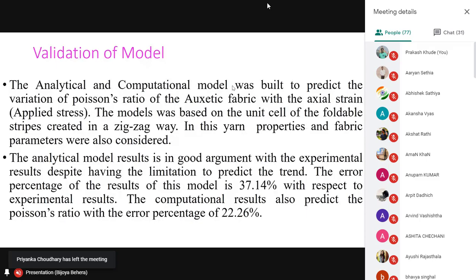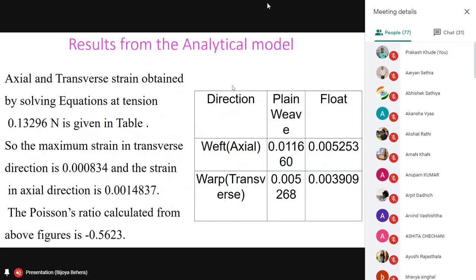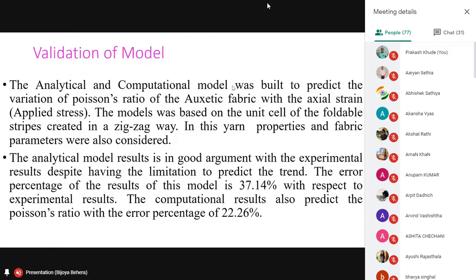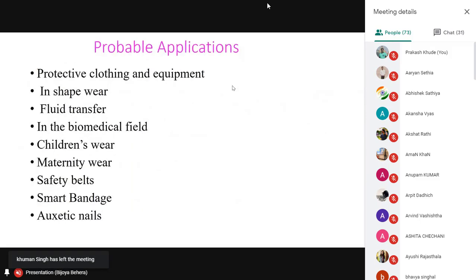Error percentage should come somewhere between 0 to 5%, 10%, but this was our first trial of carrying out this exercise on ANSYS. But anyway, one can go for developing more samples, taking more trials. This error can be further reduced to find a computational method for calculating the NPR value of auxetic woven fabric. So this is how this mathematical model and analytical model goes about.